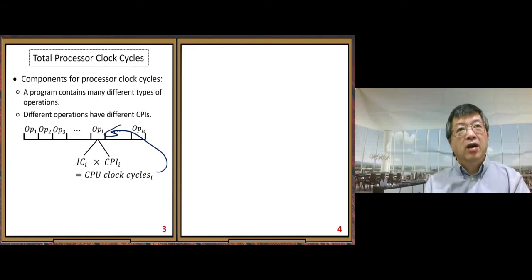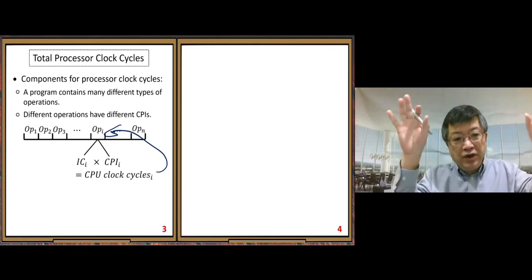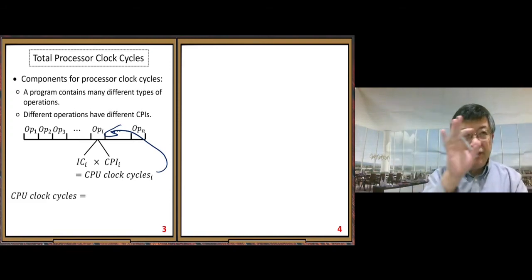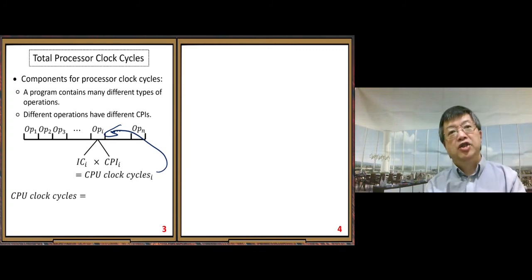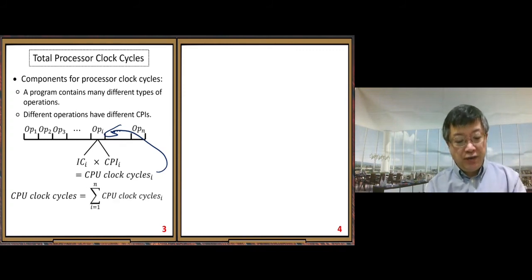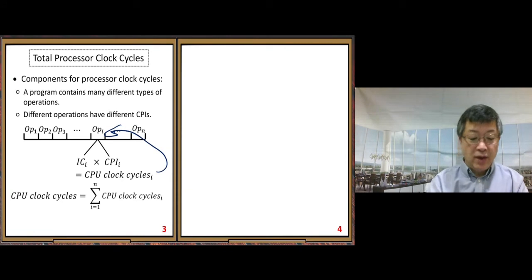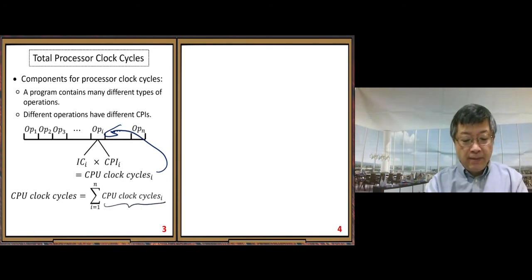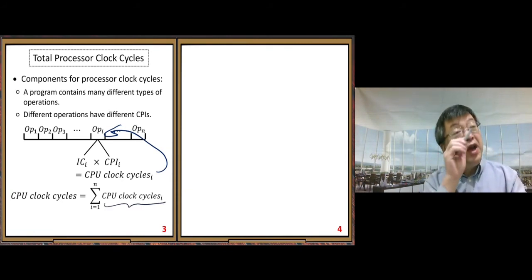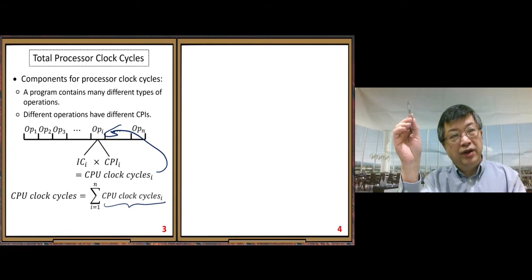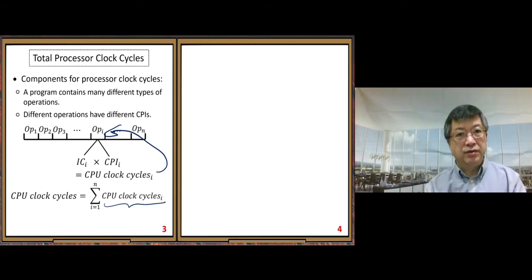But we need to combine the CPU clock cycles for all different operations. So we get this formula: CPU clock cycles equals the summation of all the individual CPU clock cycles corresponding to all different operations.